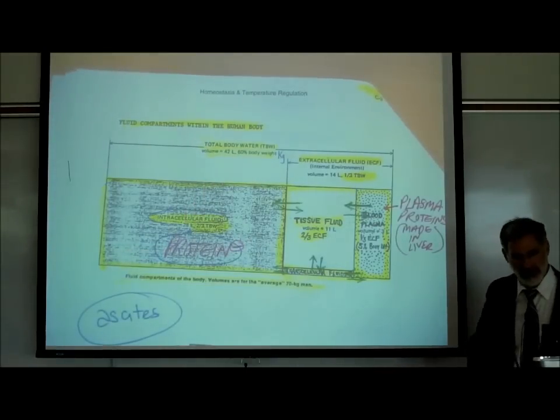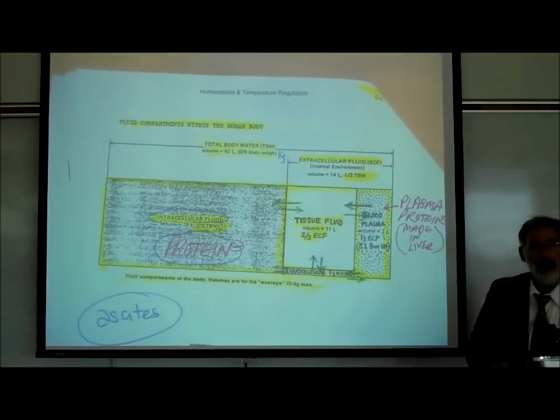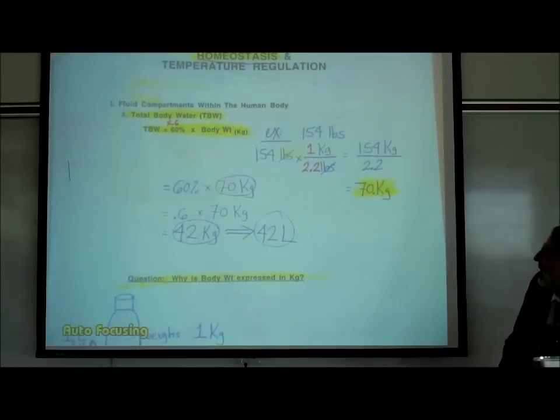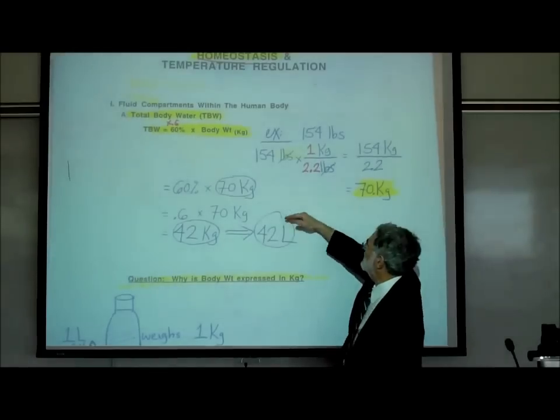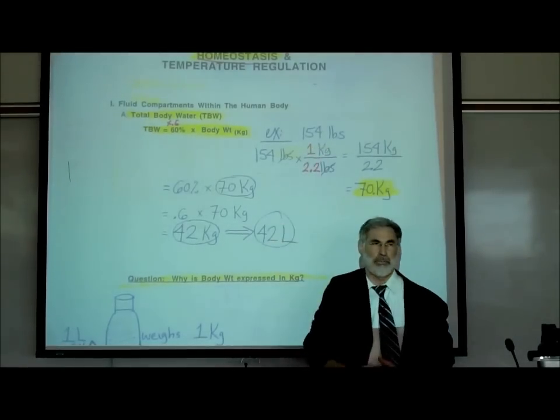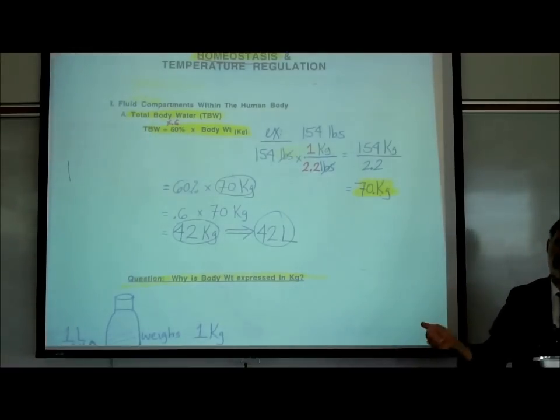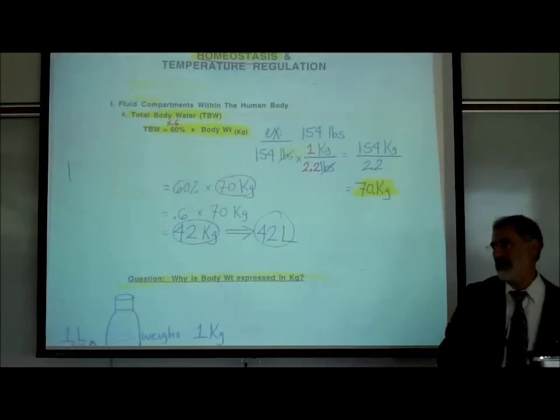Wait a second. Hold on, wait a second. When I gave the example on page C1, we calculated 42 liters on the assumption that somebody weighed 70 kilograms or 154 pounds. They're saying on that diagram that there's normally 42 liters of water in somebody's body.